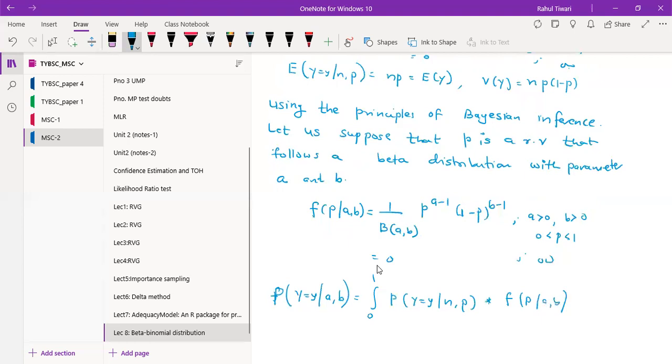So this is your prior distribution, the distribution prior to data. Based on this is your posterior distribution, which you have studied in unit 1 and 2.